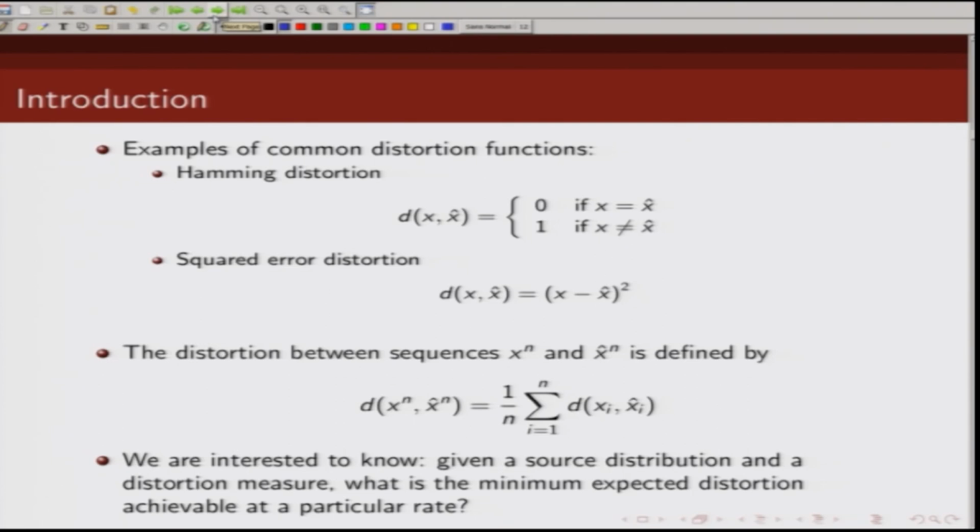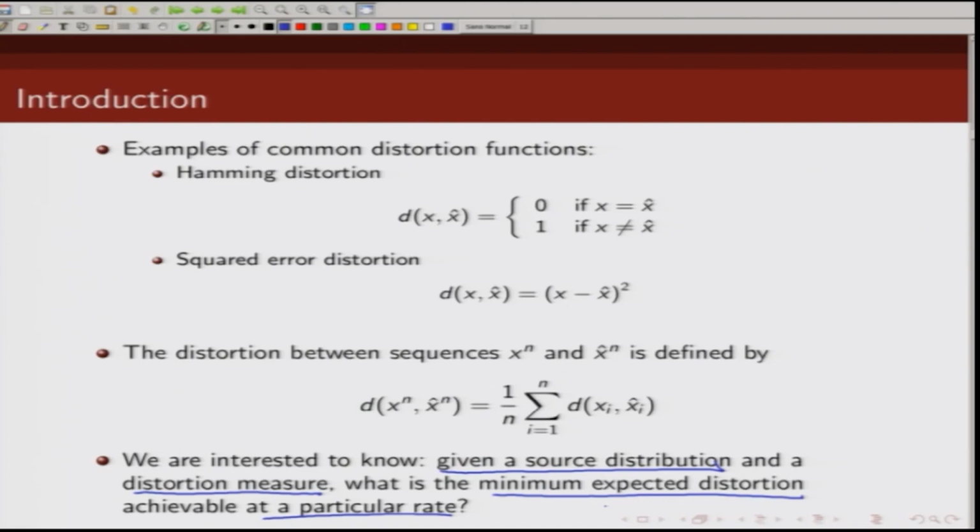Now, as I said in the beginning of this lecture, in rate distortion theory, given a source distribution and a distortion measure, we are interested in what is the minimum expected distortion that is achievable for a particular rate.